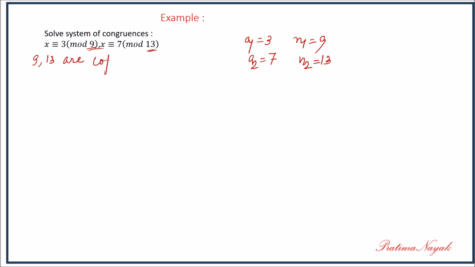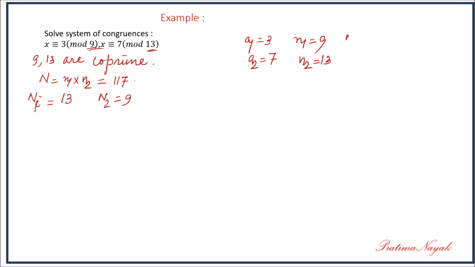So I can use the remainder theorem. First I'll get N. N is equal to n1 into n2. That will be 117. Next I'll get individual N: 117 by 9 will be 13. N1 will be 13 and N2 equals 9.